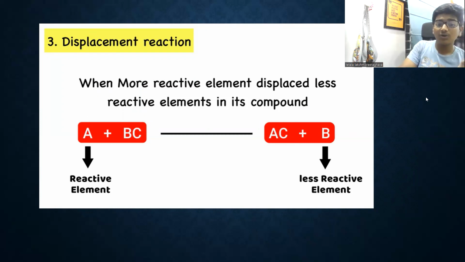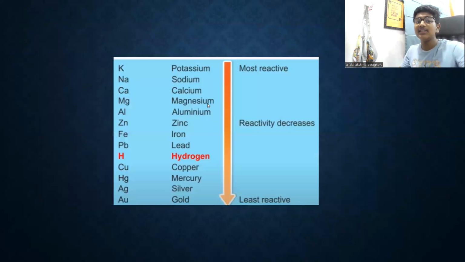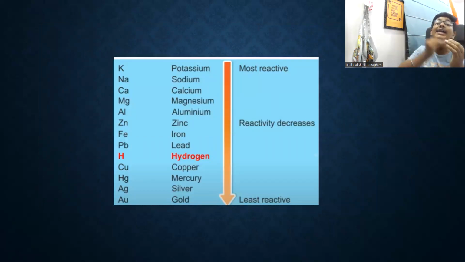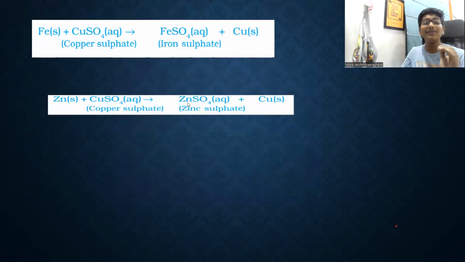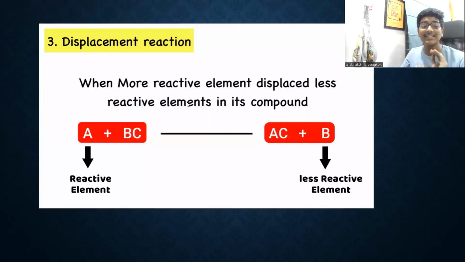For this, we should know the periodic table. Always a highly reactive metal will displace the less reactive metal from its salts. Let me explain in detail what exactly this displacement means.